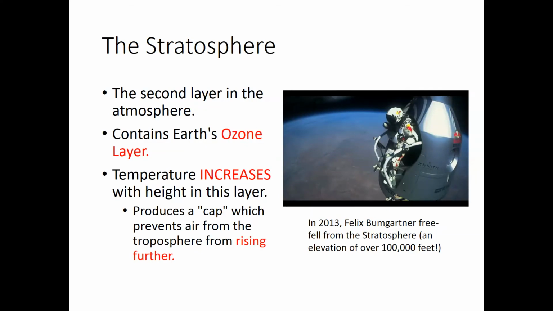Basically, he gets into a pod with a gigantic balloon that carries him up into the higher troposphere and even into the stratosphere. In 2013, he was sponsored by Red Bull to go all the way up into the stratosphere at an elevation over 100,000 feet. And he free fell from there.